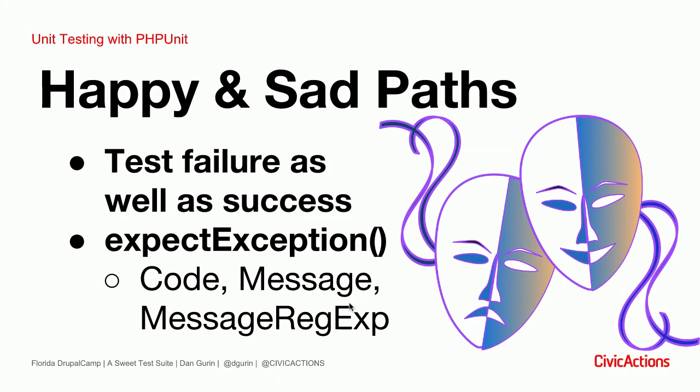So writing tests for that ensures that things are working well. And if it expects an exception in that case, you can put in this expect exception so that your test won't just die and stop testing everything else. If you're expecting a sad path, use that expect exception.